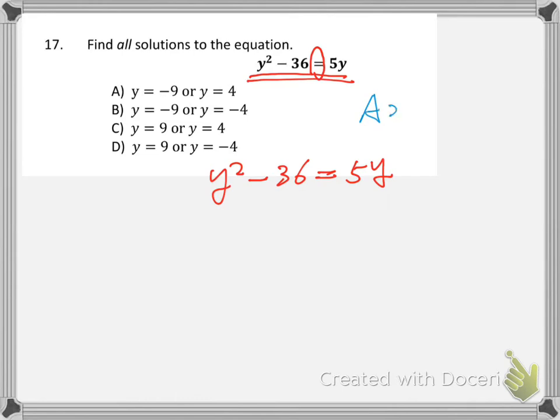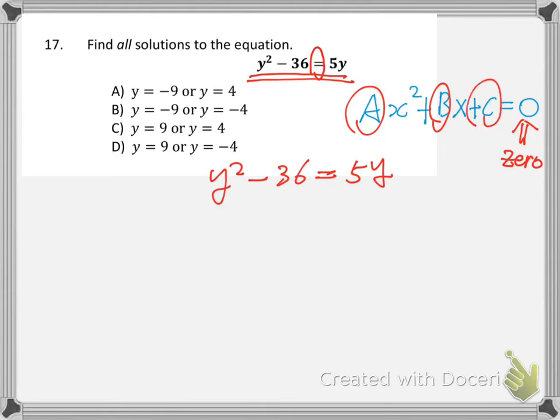It has to be ax squared plus bx plus c is 0. So letter x or letter y doesn't matter. A, B, C here are our numbers. The important thing is the right hand side has to be 0. And then you get your number A, number B, number C.